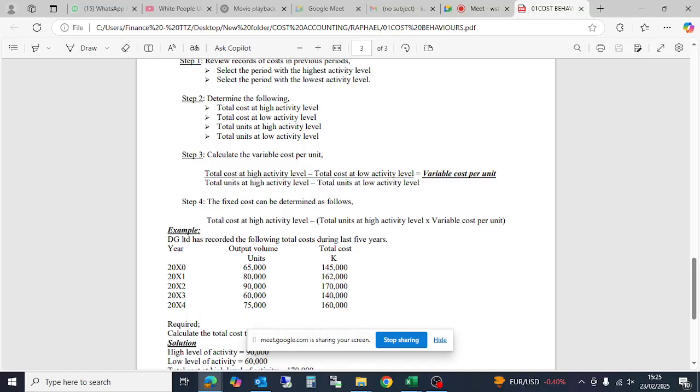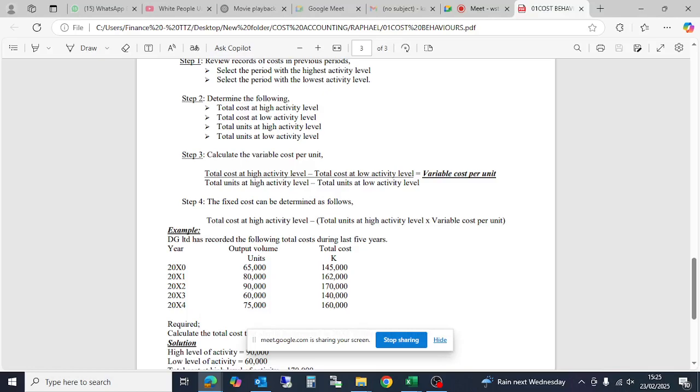The reason we're using the high-low method is to apportion it. We want to find the total fixed cost, and we also want to find a separate total variable cost. You get our objectives? Yeah, basically that's what we're trying to achieve. By the time we finish this, that's what we must have.